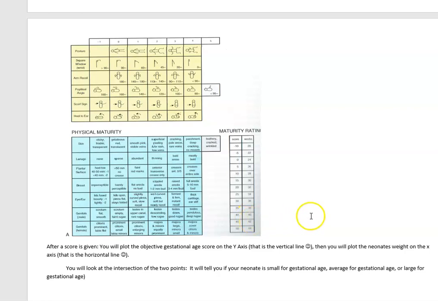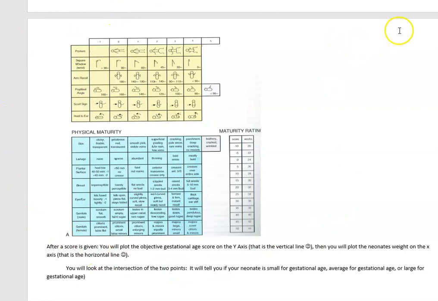Now, there is a caveat that the baby could be plus or minus 2 weeks. So if we got a score of 40, this baby could be anywhere from 38 to 42 weeks gestation, based solely on our physical exam.